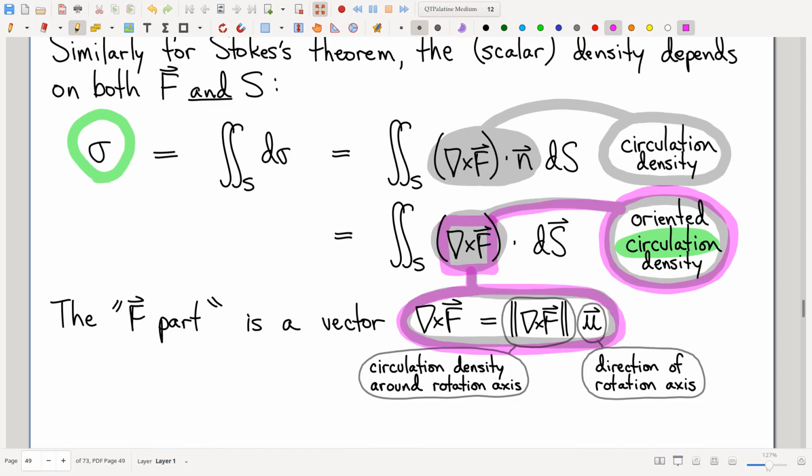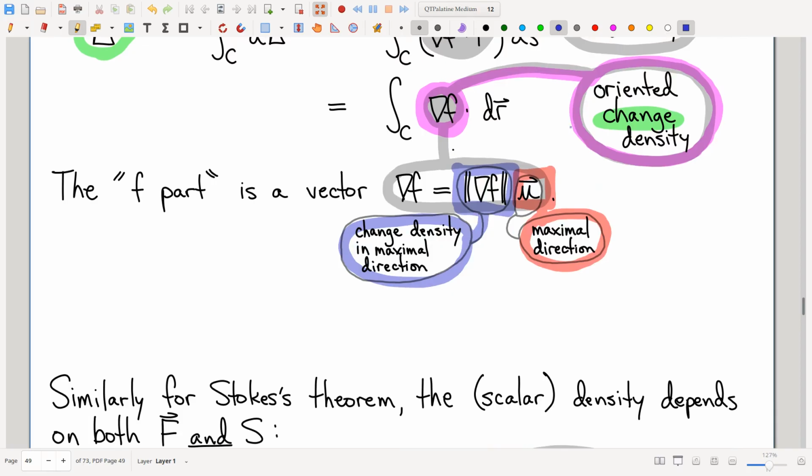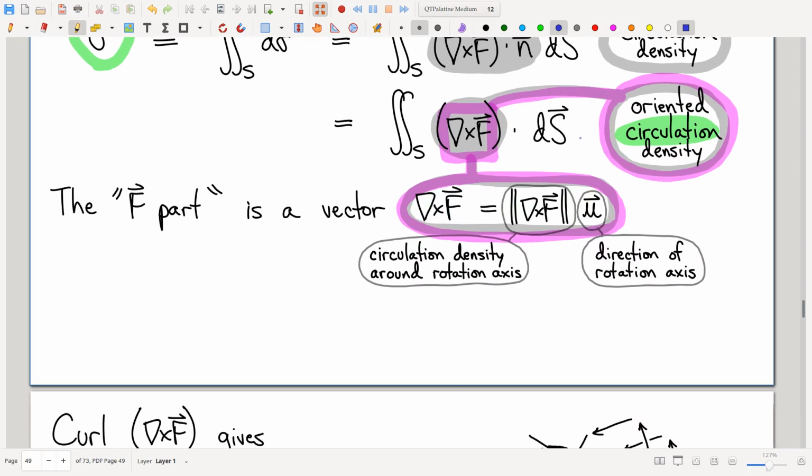Same interpretation here. Let me get my colors straight. There we go. Okay, so the magnitude of the curl, I claim, tells us how much rotation is there in the fluid. So if you have a rotation in the fluid, the rotation might be something like this.